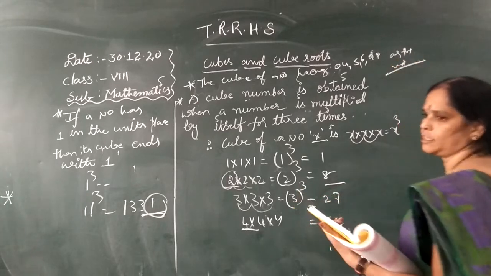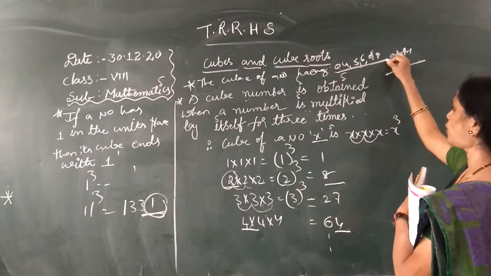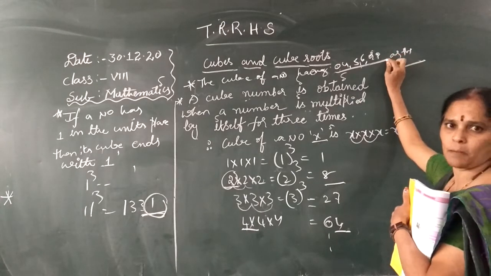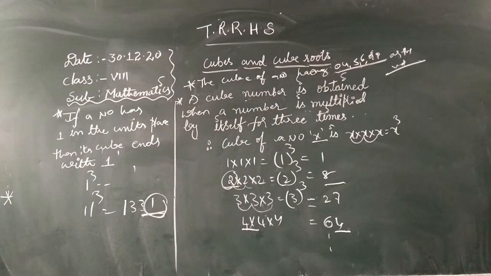Just check this. So if the last digits are 0, 4, 5, 6, 9, they may be a cubic number or not. See here, some important patterns are there. The patterns are very important. See, you may get a chance in 3 marks, 8 marks and 4 marks.